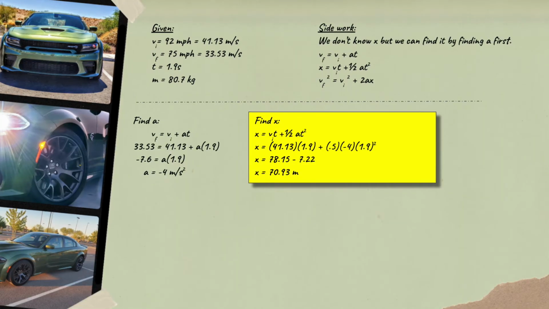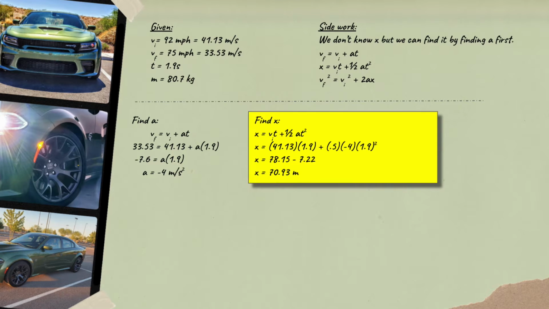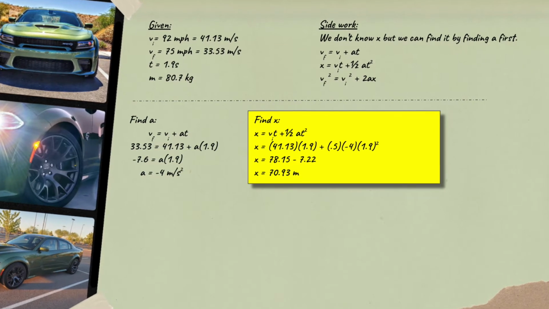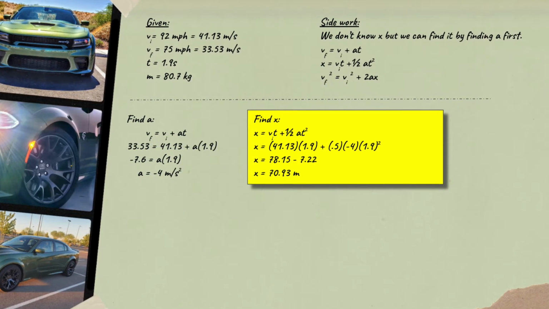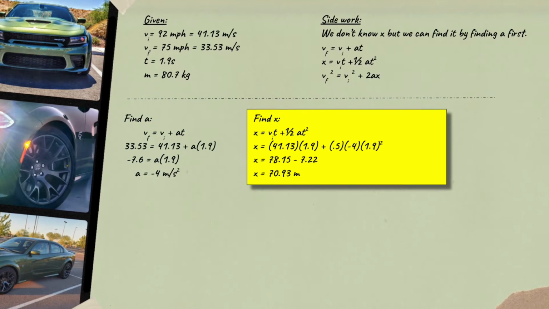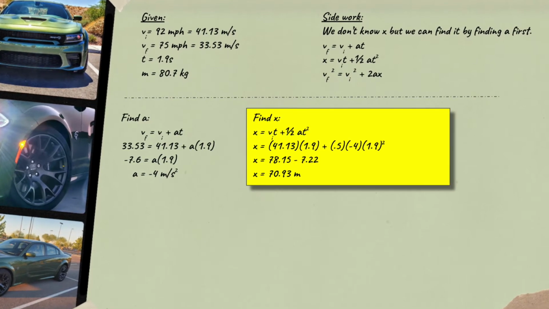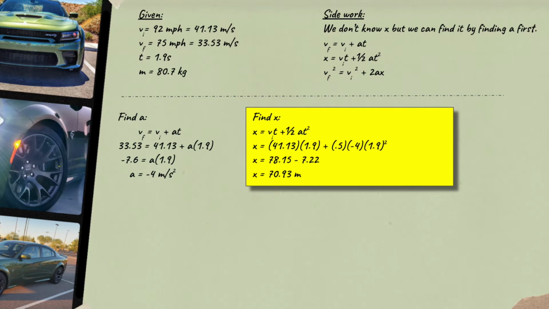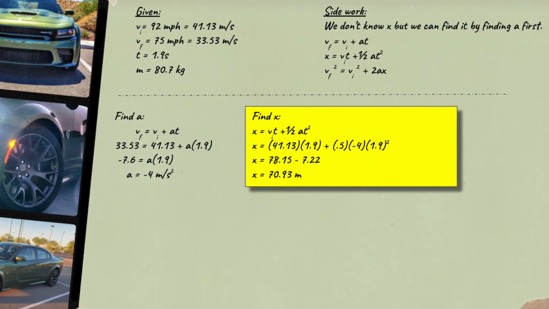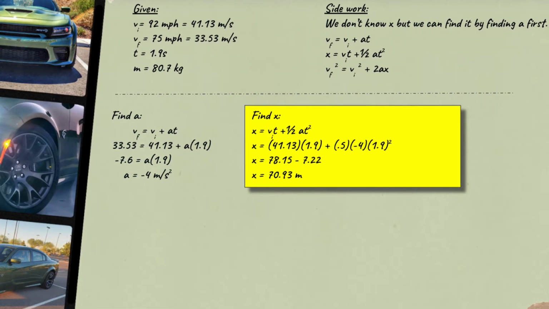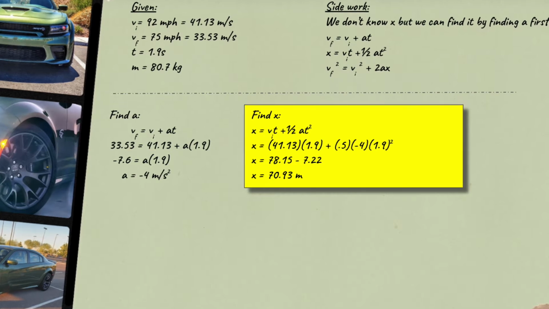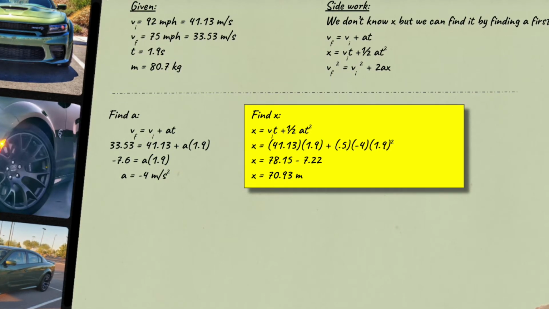Now that we know A, we can use one of our other equations that has X. So we will use X equals V initial times T plus 1/2 AT squared. Plugging in our variables, we get X equals 70.93 meters.